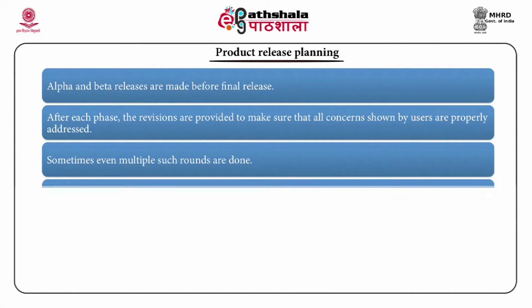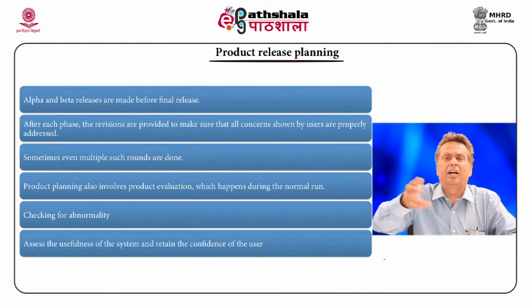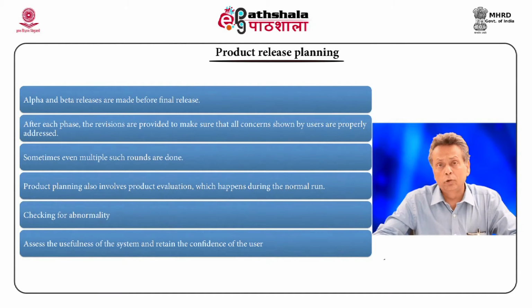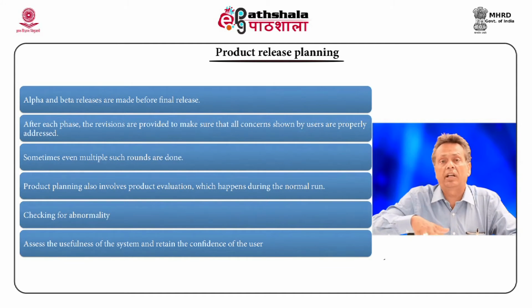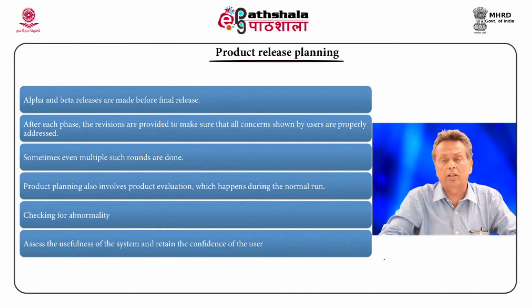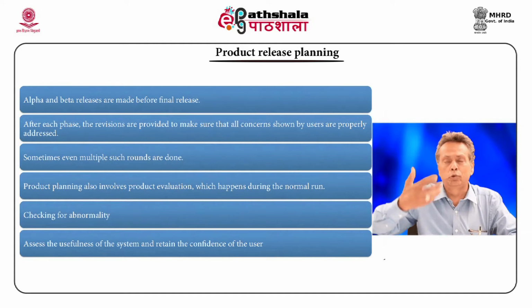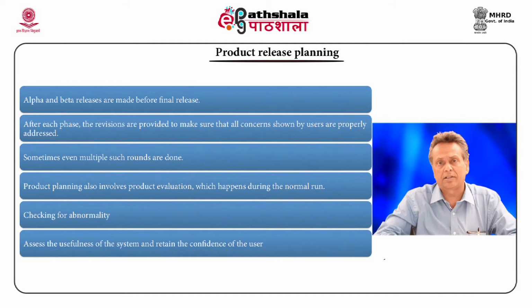Product release is also planned. Why? Because you have probably seen a lot of beta releases yourself. Usually there is an alpha release as well, which is circulated in the company only, and people who are using that product in the company will come back and give their feedback. The beta release is given to the usual customers, and their feedback is taken, and then you release the final product.